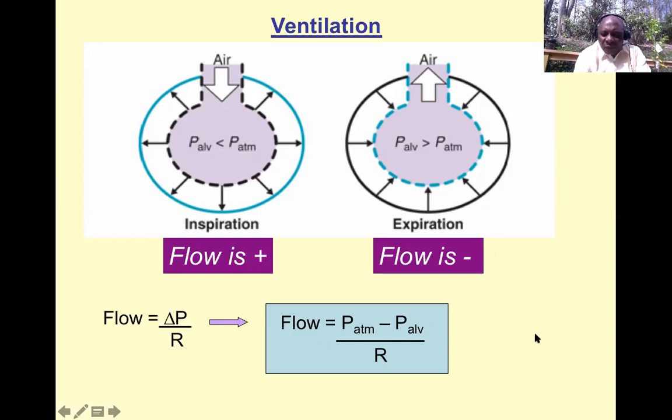You can have the same steepness of a gradient, but one gradient is smoother than the other, and that's the R. We'll go into more details on that.